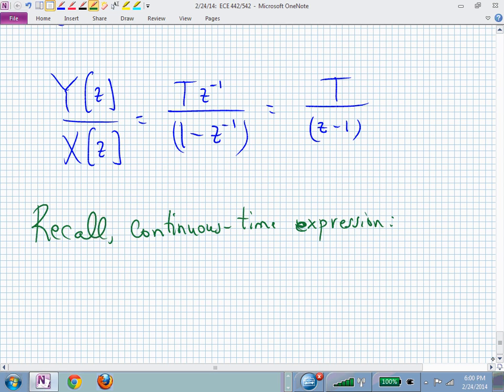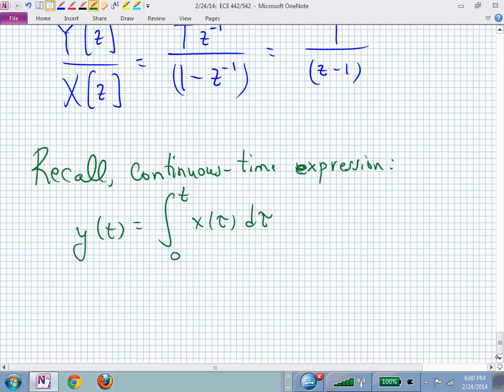In the continuous time, our integral, let's say y of t, to find the area under the curve is simply this integral from 0 to t, x of tau d tau. But if we Laplace transform that, that's just 1 over s operating on the input, capital X of s.